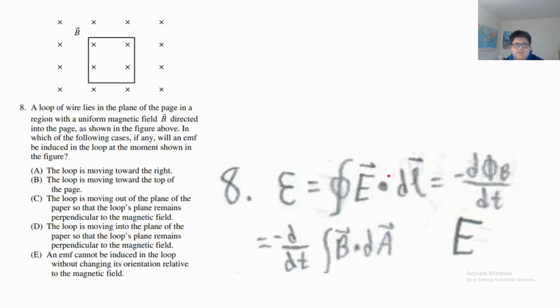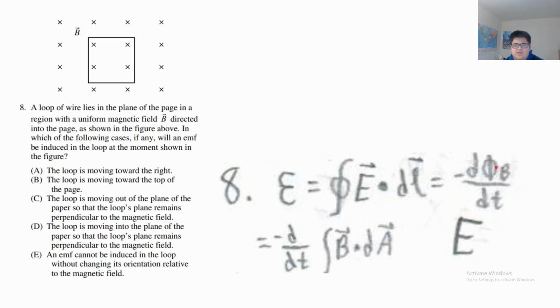Keep in mind this is given to you on the formula sheet. On the formula sheet it says that induced EMF is also equal to negative d magnetic flux over dt, the derivative of the magnetic flux with respect to time.